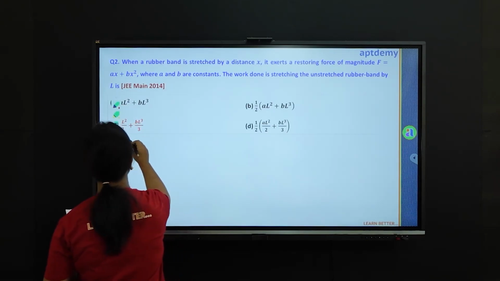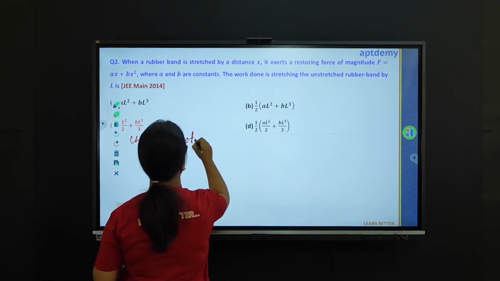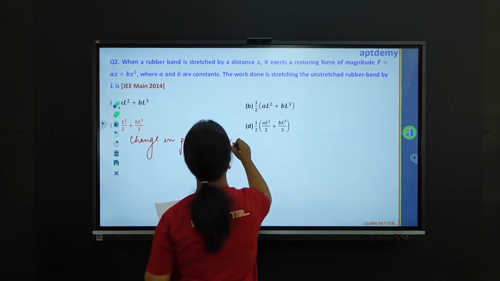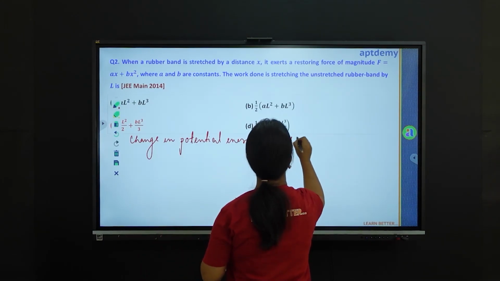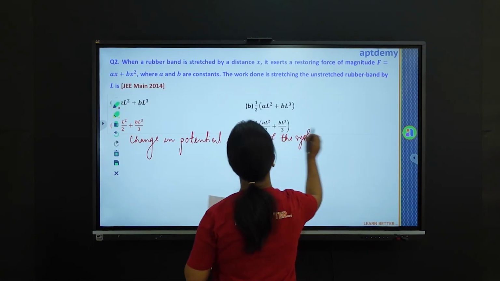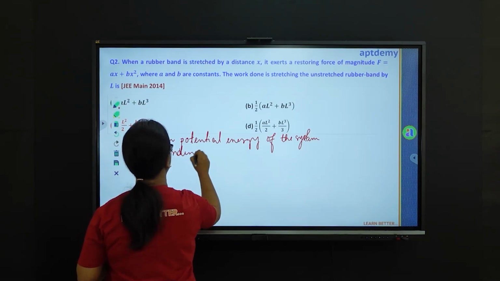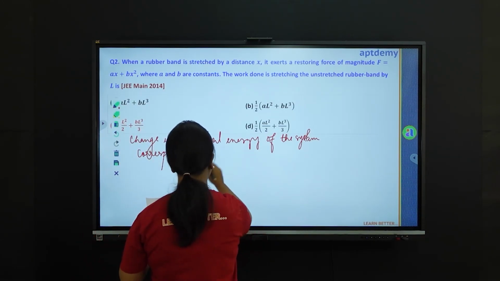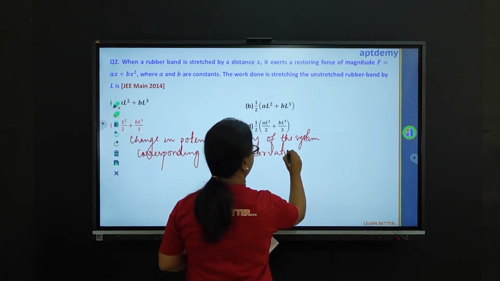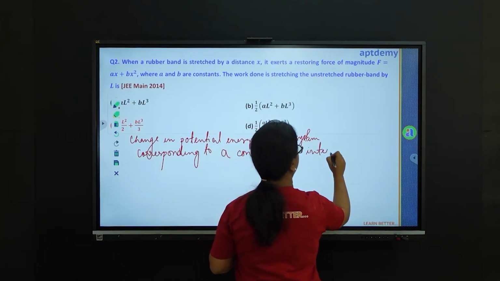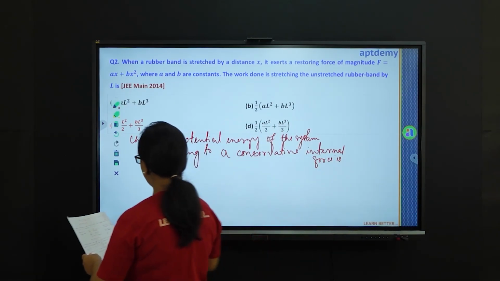So we write this as the change in potential energy of the system corresponding to a conservative internal force is the change in potential energy.